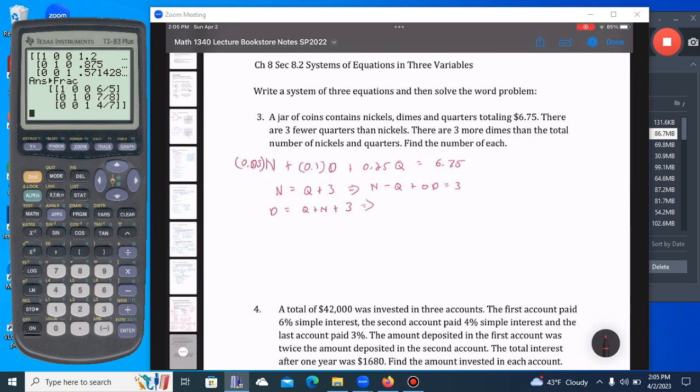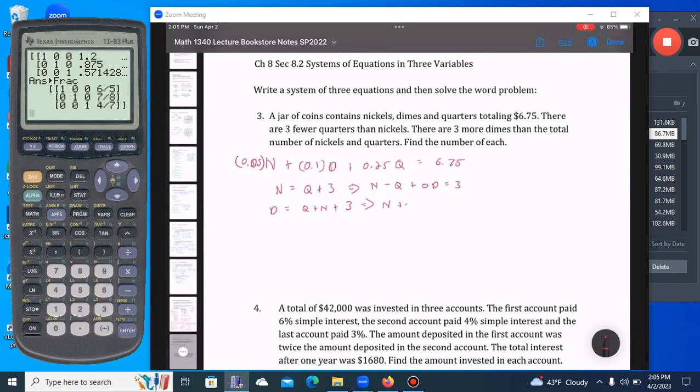And the bottom one would be, let's see here, nickels plus quarters minus a dime, so I'm subtracting the dime over, equals -3. I'm subtracting the -3 over. Let me just double check this.